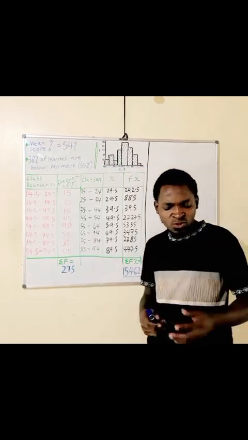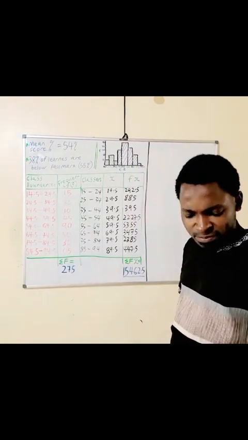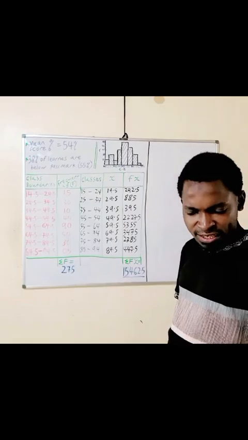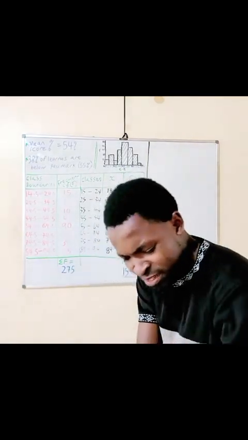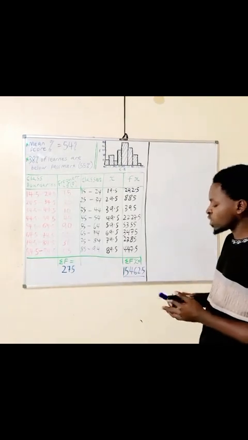Then the school wants to analyze this data to see whether the new teacher made an improvement. Is it true that the new teacher made an improvement or not? We need to calculate the mean score.